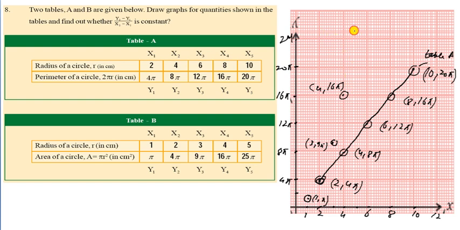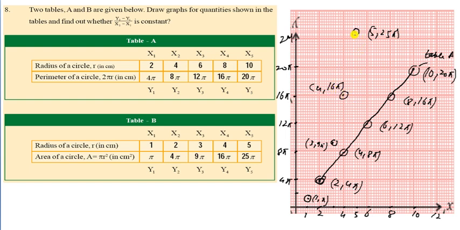So you can see here, this one is the 5, and what about the 25? So you have to write here 25, and that is 5 and 25 pi.